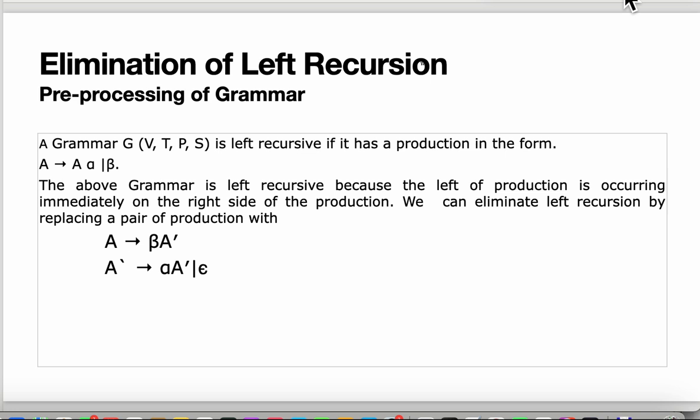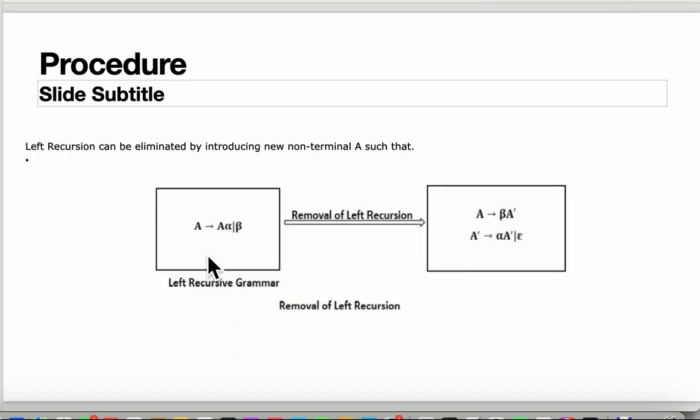Now let us work out some examples. This is the process. We have a production A gives A alpha or beta. Take the term which is not creating recursion. Beta is the term which is not creating recursion and A alpha is the one creating recursion. Now in place of A alpha we write simply A dash.